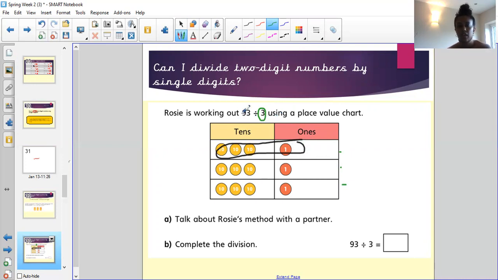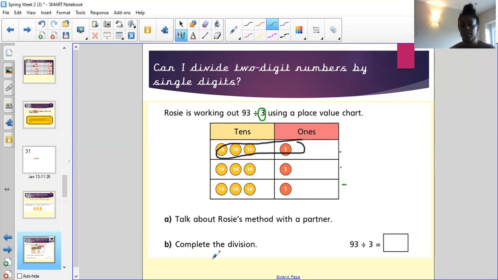And then we've split out the number 9, so 9 tens into the tens column. So we've got it split equally as well. So we've got 10, 20, 30, 10, 20, 30, 10, 20, 30, and all together that makes 10, 20, 30, 40, 50, 60, 70, 80, 90.